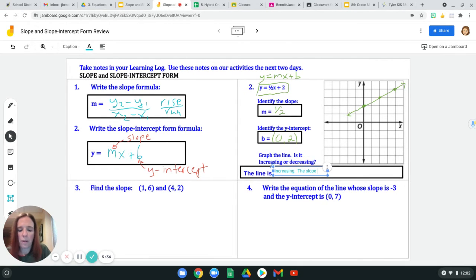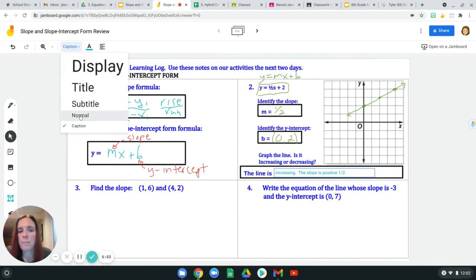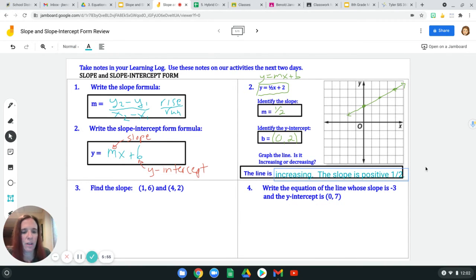The slope is positive. Let me extend this. The slope is positive 1/2. Let me just adjust this so you can see it well. Maybe make it a little bit bigger. Again, this line is increasing because on the left it starts low, gets higher on the right. And we know the slope is positive. We see it right here. It's positive 1/2.